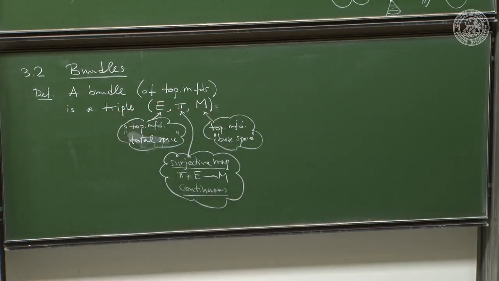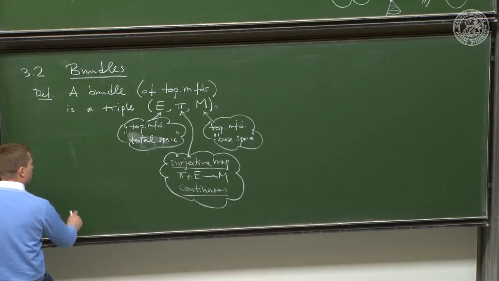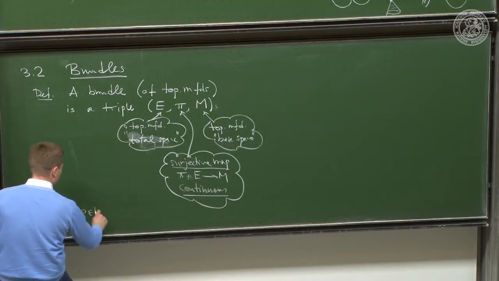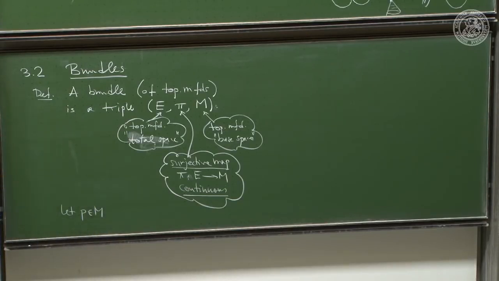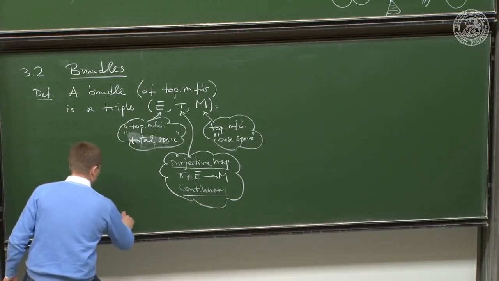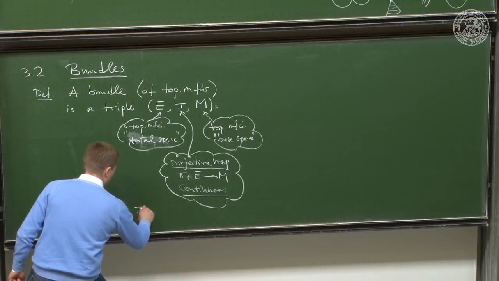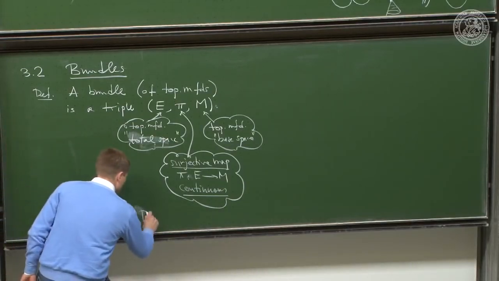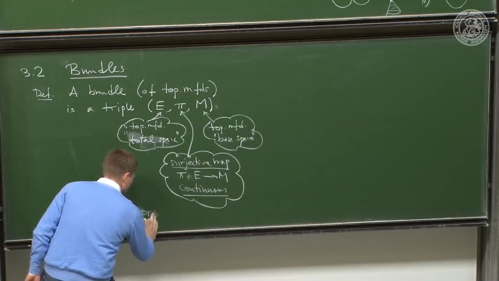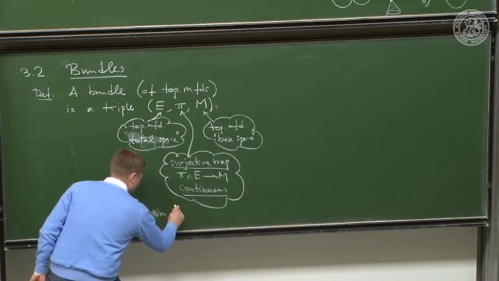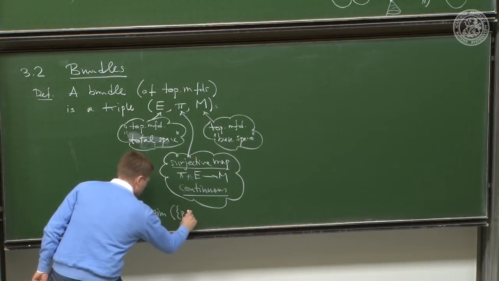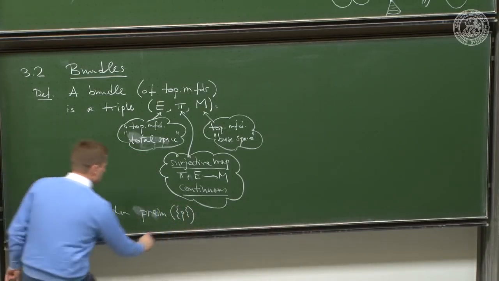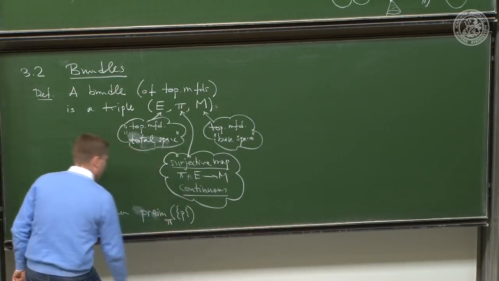All right. Now, let p be a point in the base space, then pi inverse, well, that's just a not so good notation for the pre-image. The pre-image of the set containing only the point p under the map pi.